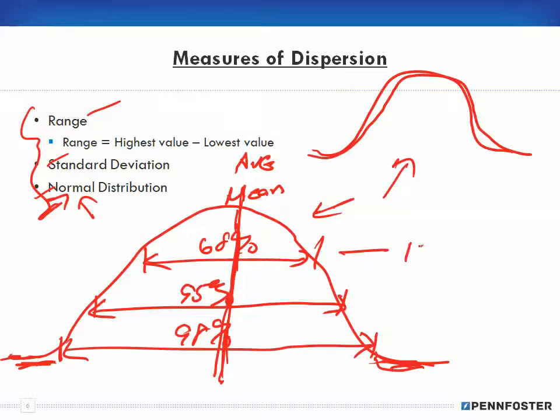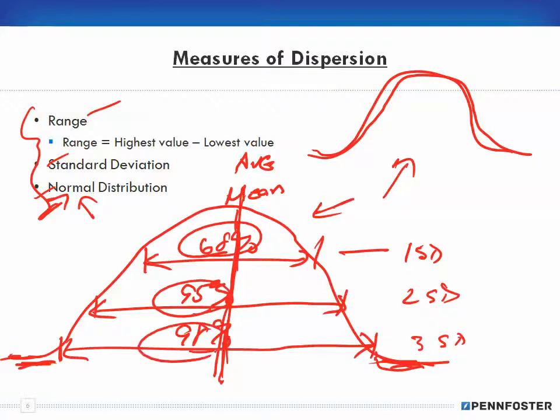And I had said this is one standard deviation, this is two standard deviations, this is three standard deviations, being 68% around the mean, 95 around the mean, 98 around the mean. And remember that these figures are just quick guesstimates. If I wanted to know exactly, I would go and look it up in the book.